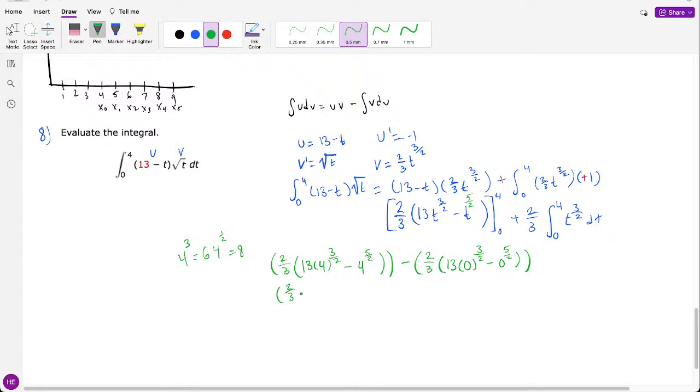So I'm going to bring down the 2/3, and then 8 minus, and we'll do 4 to the 5th equals 1024.